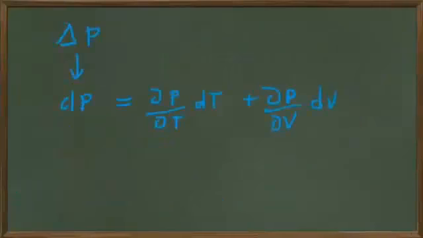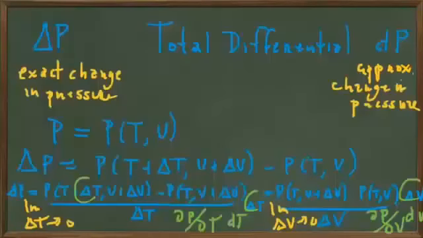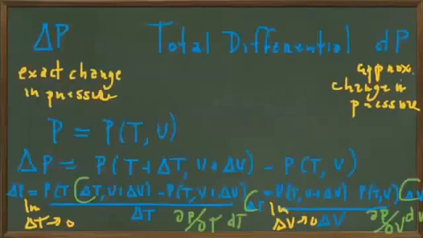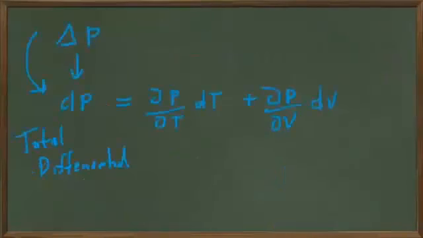So we get this. Let's take a look back, though. We took the limit as delta T goes to 0 and as delta V goes to 0, so we were altering delta P, and we were altering delta P to turn it into dP, what is called the total differential, and that was the limit of this expression, which gave us this, and the limit of this second expression, which gave us this, and this is where we are for the total differential.